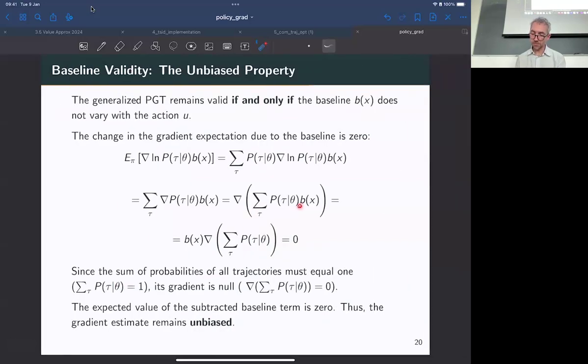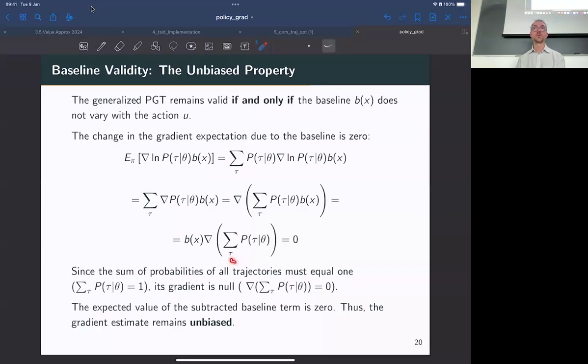And since B of x, which is the baseline, is independent of the parameter theta over which we are taking the gradient, I can move it outside the gradient. So it goes here in front of the expression. So you have the baseline times the gradient of the summation of the probability of a trajectory over all possible trajectories.